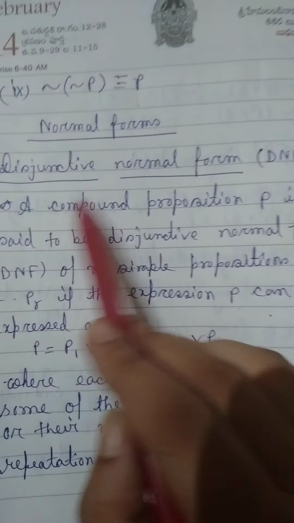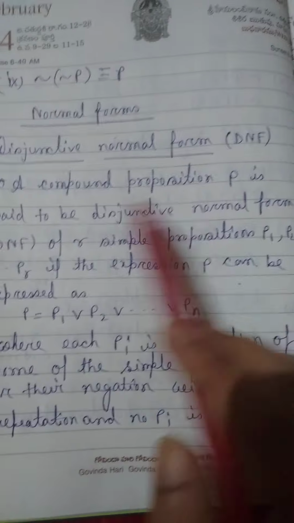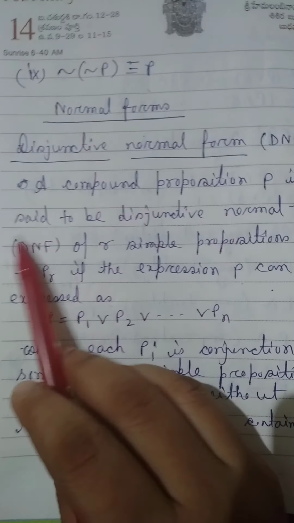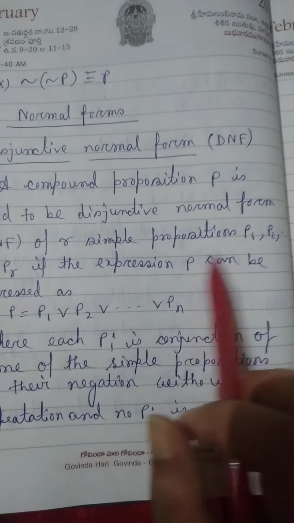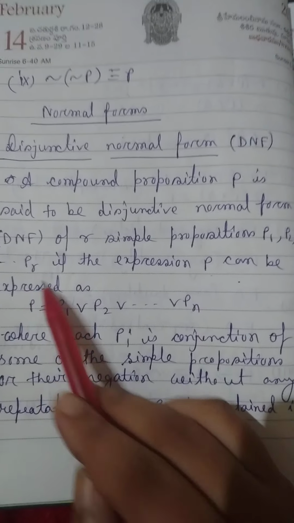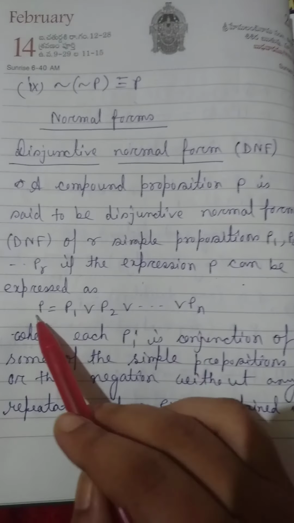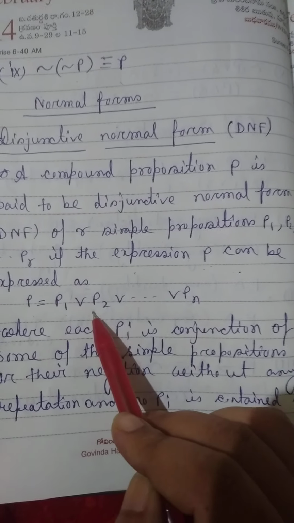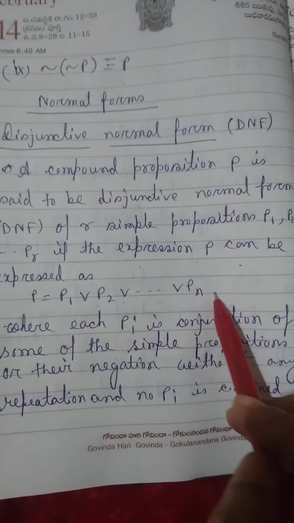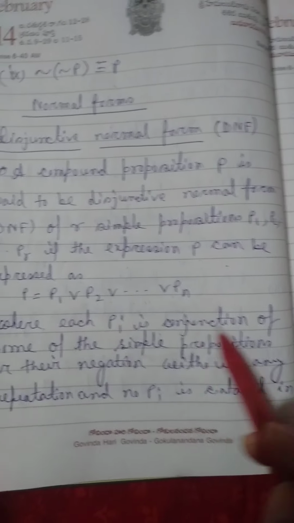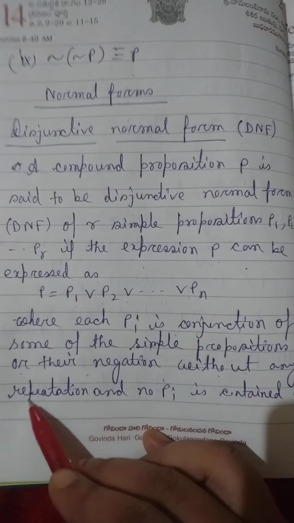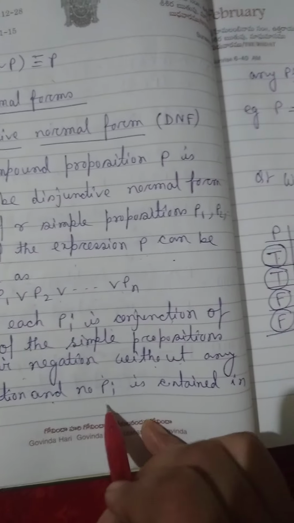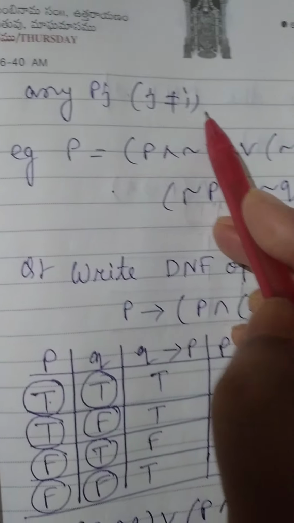Next is normal form, disjunctive normal form. So what is disjunctive normal form? A compound proposition P is said to be in disjunctive normal form, DNF, of simple propositions P1, P2, ..., Pn if the expression P can be expressed as P1 or P2 or ... or Pn, where each Pi is a conjunction of some of the simple propositions or their negations without any repetition, and no Pi is contained in any Pj, j not equal to i.